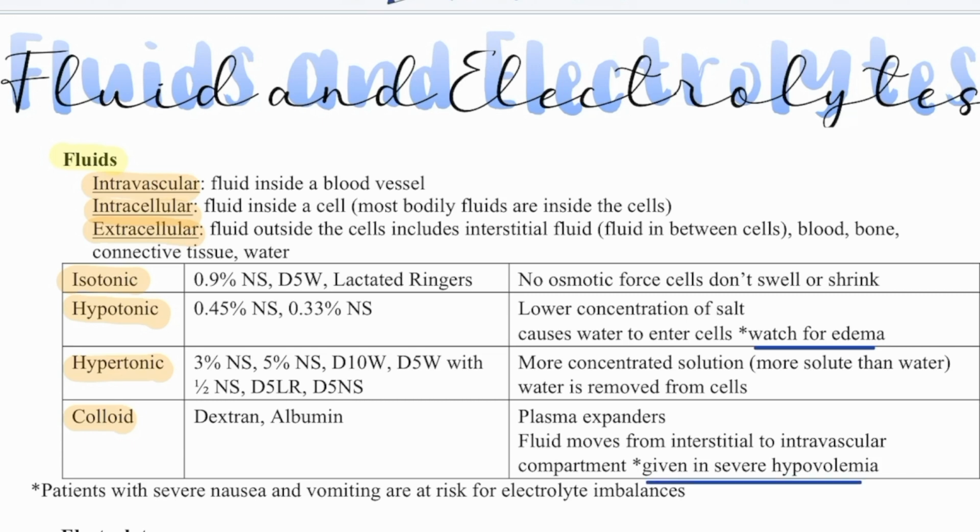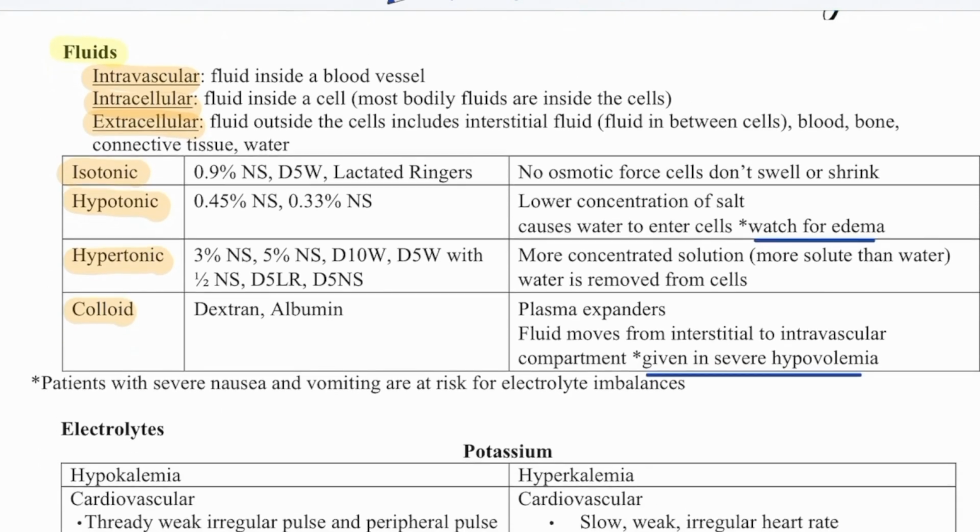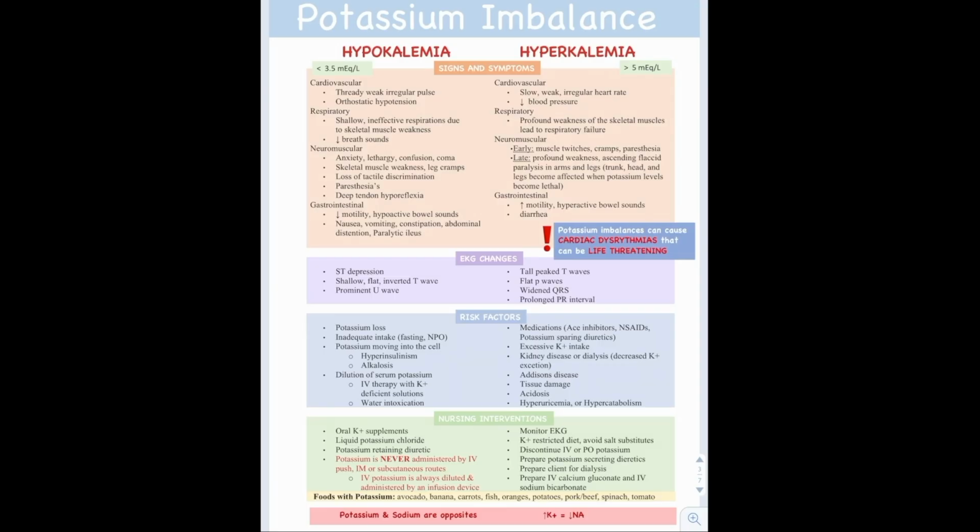Patients with severe nausea and vomiting are at risk for electrolyte imbalances. We want to keep that in mind now that we're talking about electrolyte imbalances. So for electrolytes, let's talk potassium imbalance. We can remember the normal range of potassium, as potassium is found in bananas.